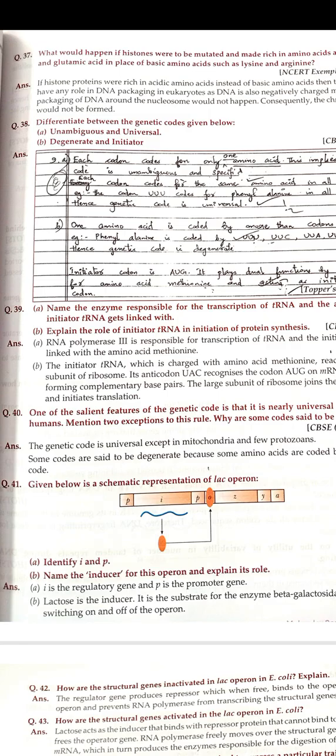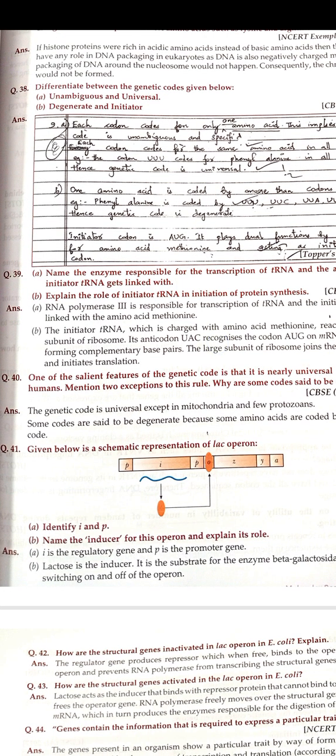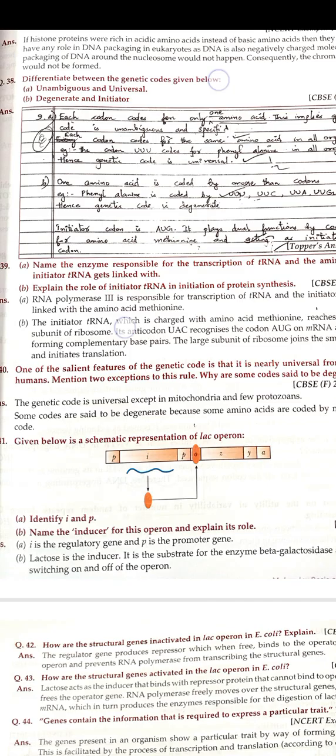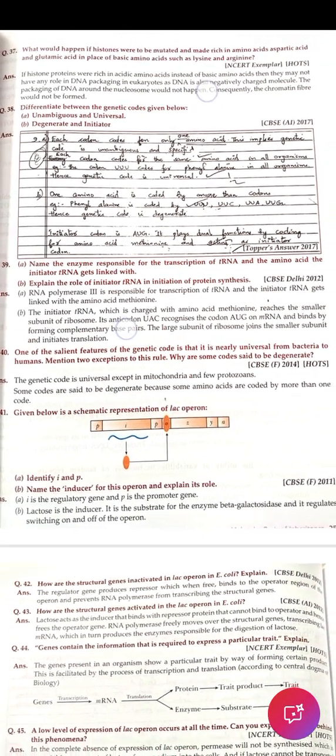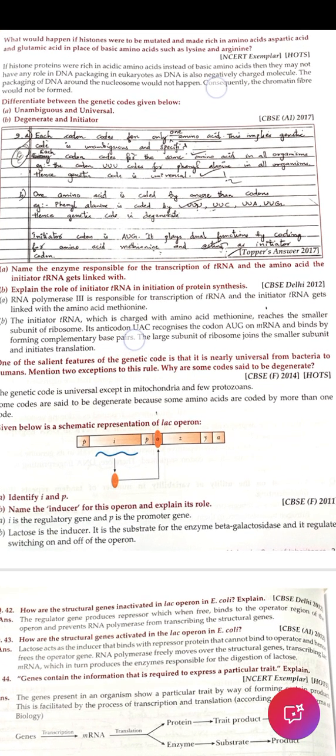Question B, degenerate and initiator. So here you see how to write by toppers. So this is the answer given by a topper student. So you see how to write.